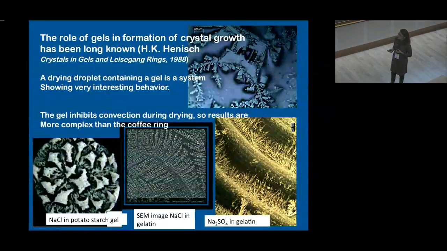This is a SEM image of NaCl in gelatin, but mind you, this is a SEM image taken from this portion of this same experiment, which apparently looks empty out here, but in a SEM, it shows this beautiful fern-like pattern. And this is what I'm going to talk of here.